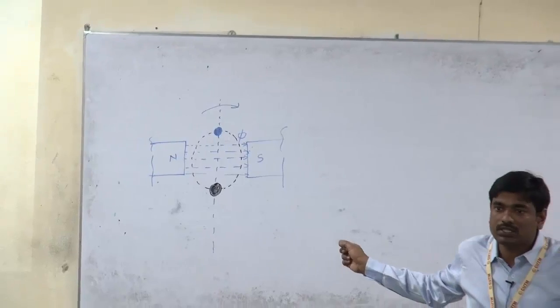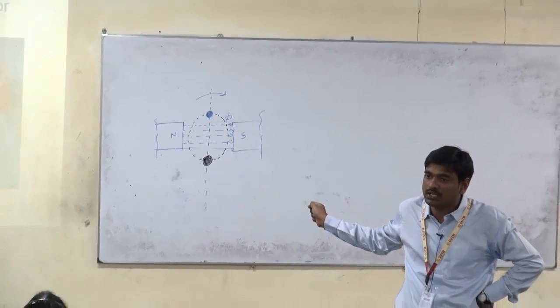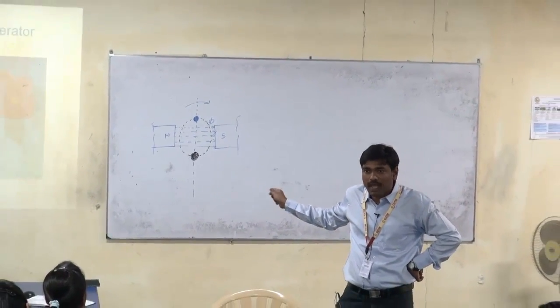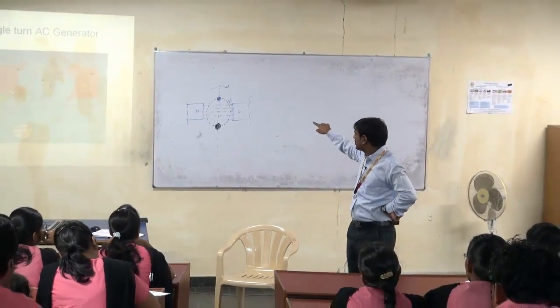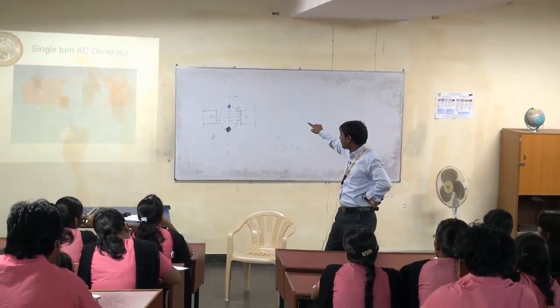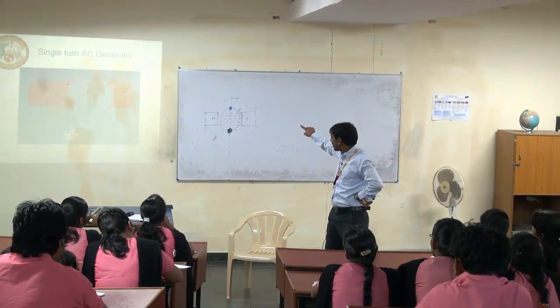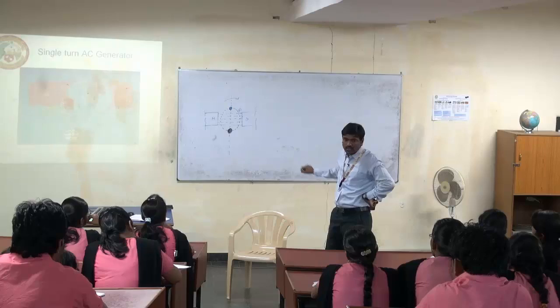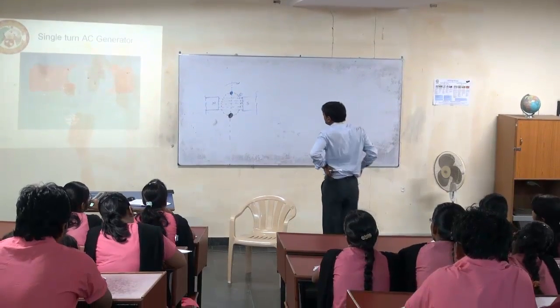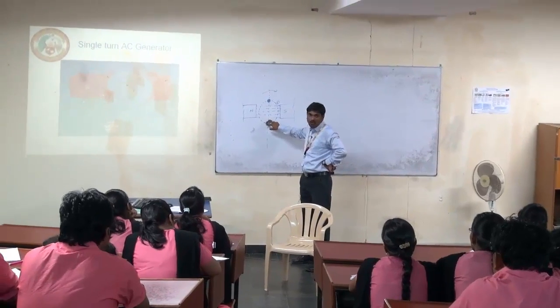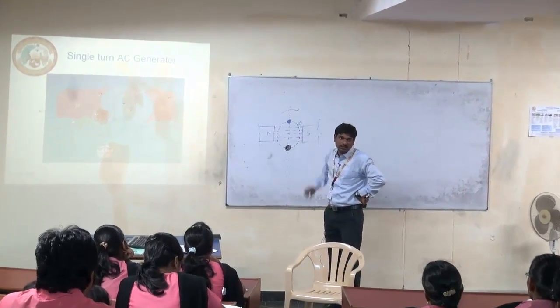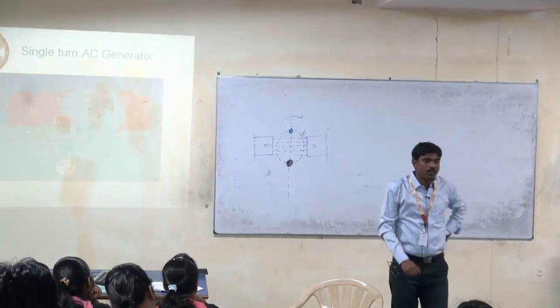The bottom conductor is cutting the magnetic field from downwards to upwards, and the top conductor is cutting the magnetic field from upwards to downwards, right? So the EMF induced in the conductor at the bottom is opposite to that of the top conductor. Okay.